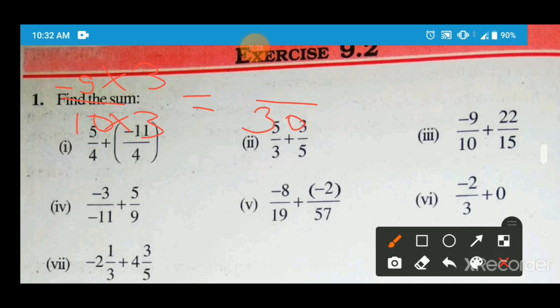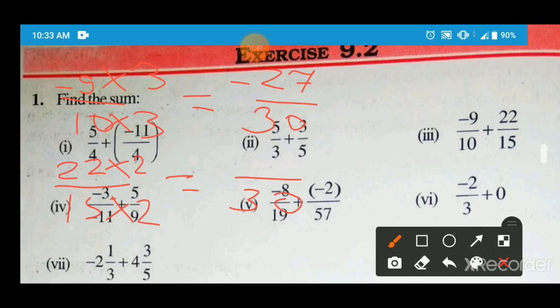So 9 3s are 27. Minus 27 upon 30 is the new number. And the second number is 22 upon 15. Again we need 30 in the denominator, so we multiply 15 by 2 and the numerator 22 is also multiplied by 2, so it is 44.